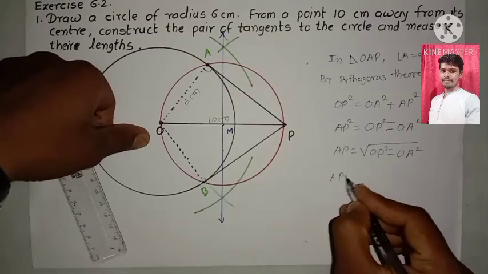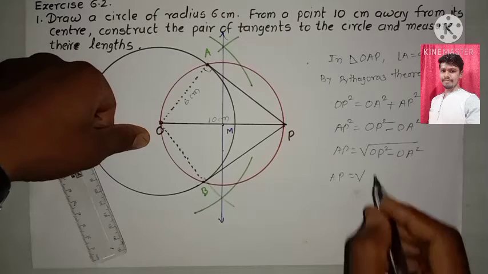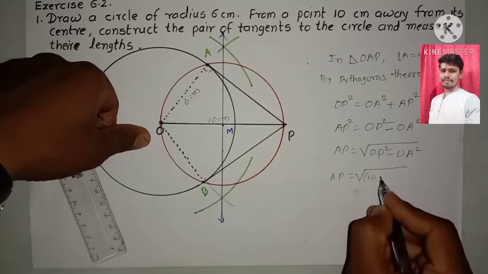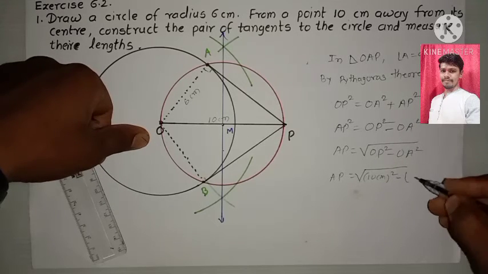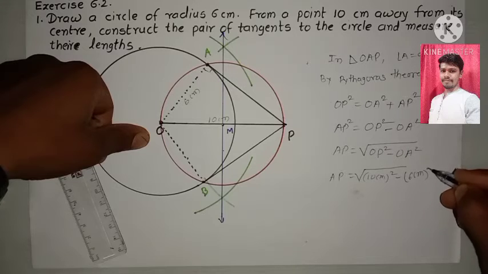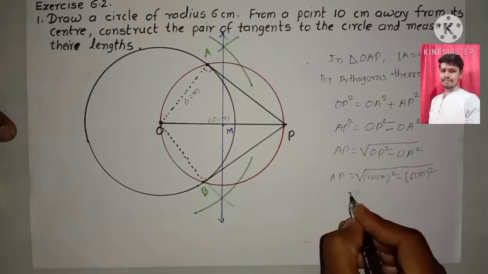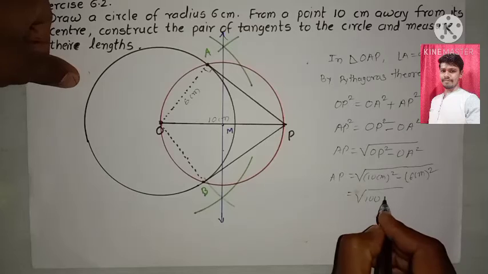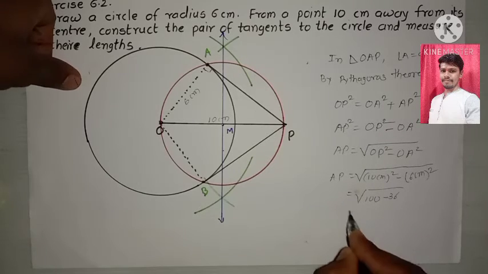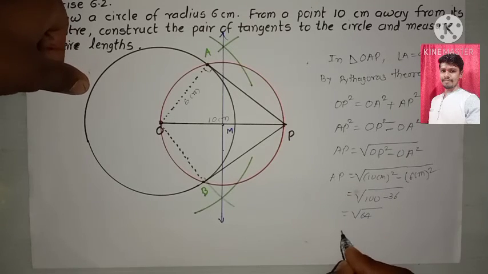Now AP is equal to the square root of OP squared, OP value is 10 centimeters, so 10 squared, minus OA squared, OA value is 6 centimeters, so 6 squared. That is the square root of 100 minus 36, which is 64, and the square root of 64 is 8.